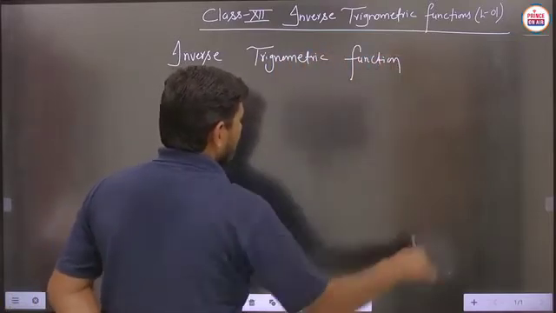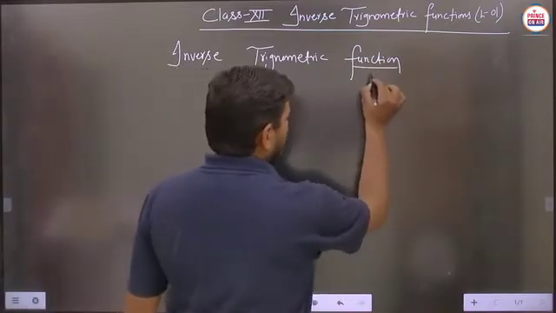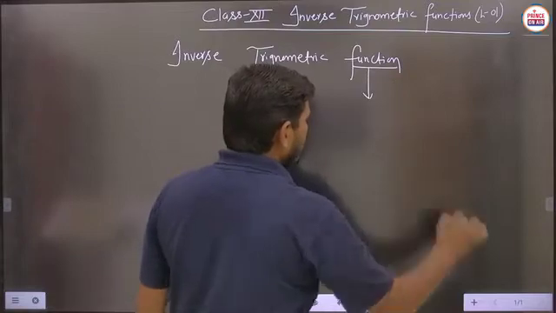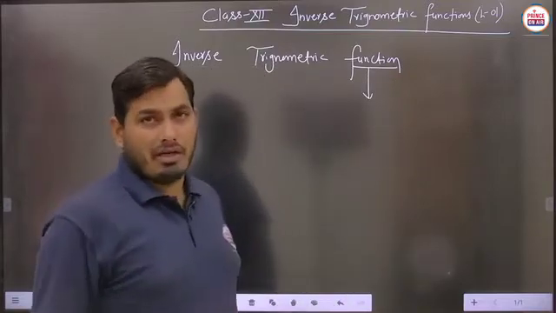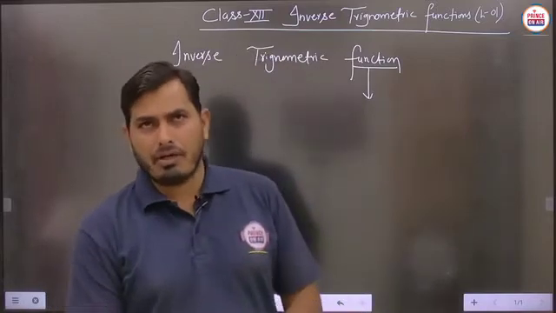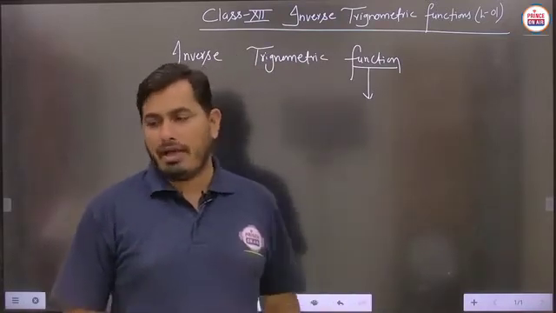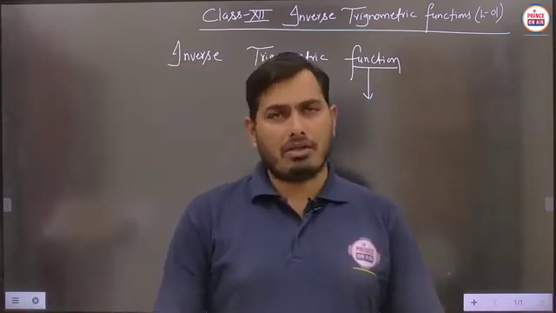First of all, you can define the function. What is the meaning of function? For the definition, you can say that it is a special kind of relation in which every domain element has exactly one image in the codomain.